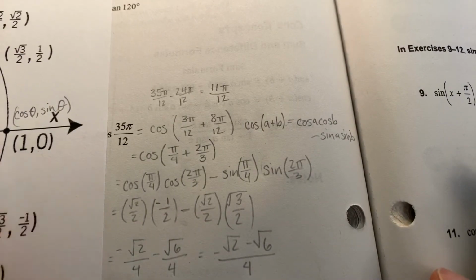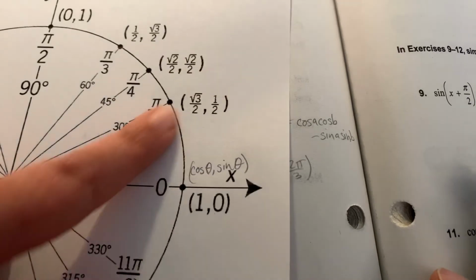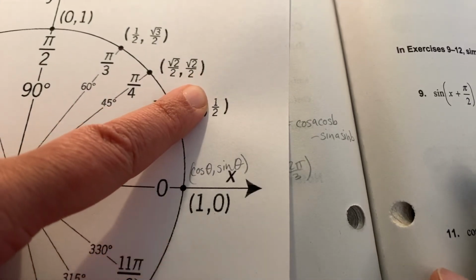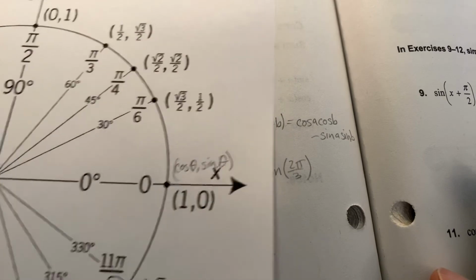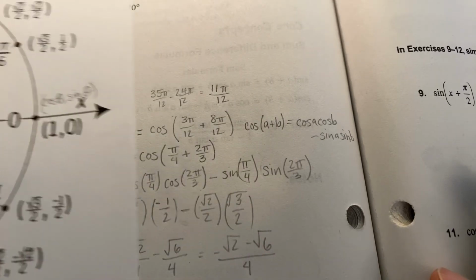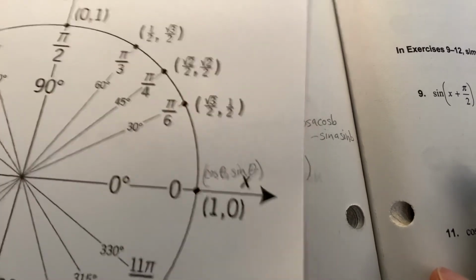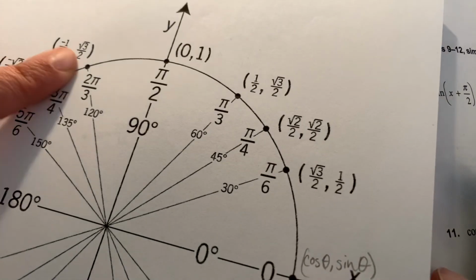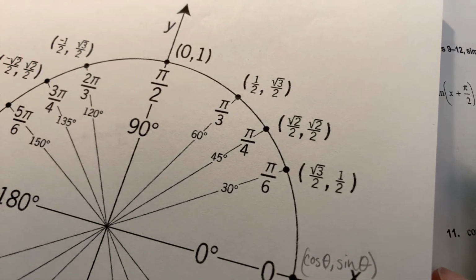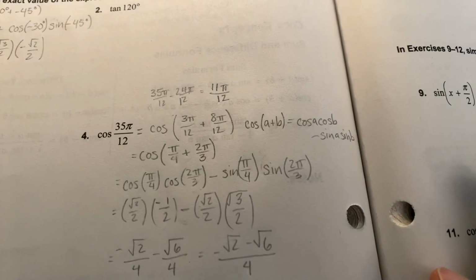Minus the sine of pi over 4, which is square root of 2 over 2. And the sine of 2 pi over 3 is the square root of 3 over 2.